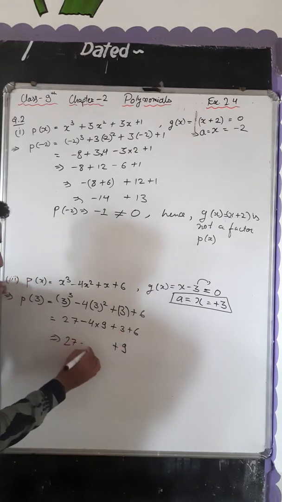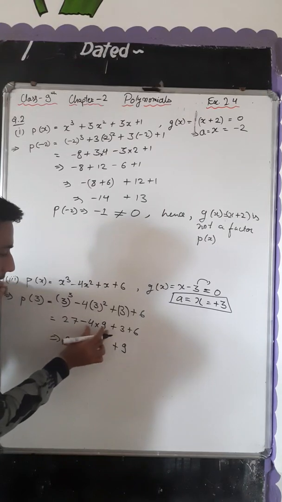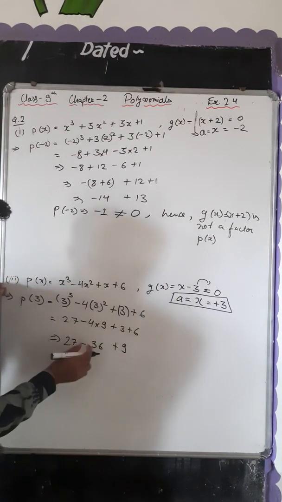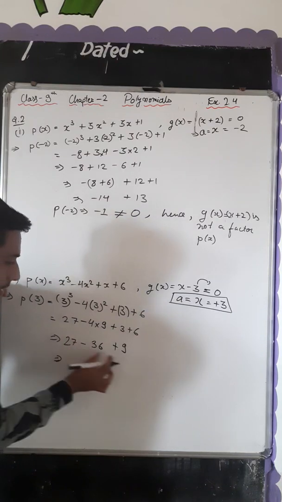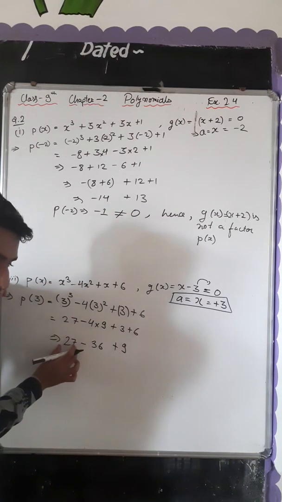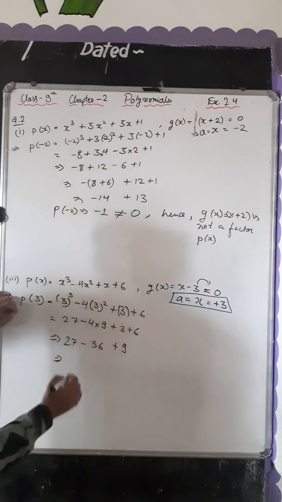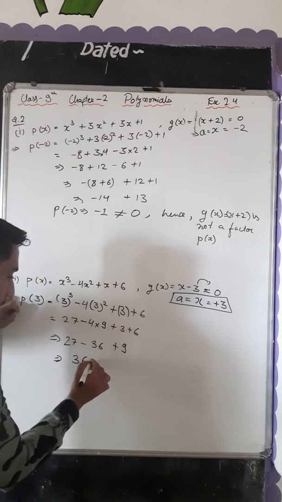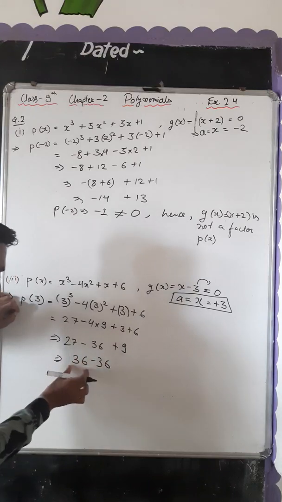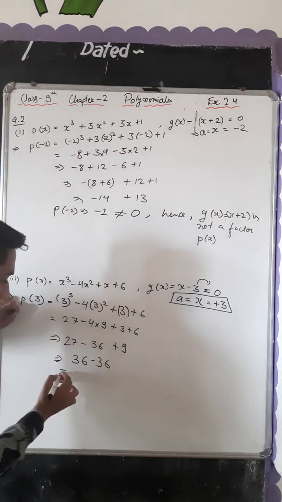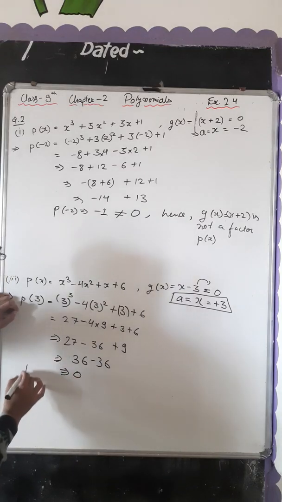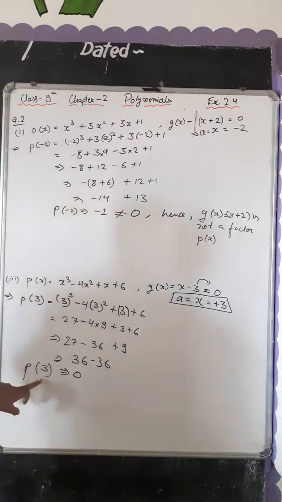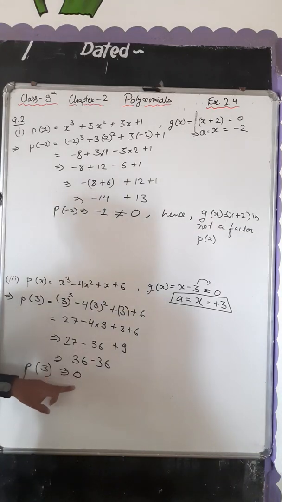This will be 27. And this, what is this? 4 into 9 is 36. Add these positive terms: this is positive 27, this is also positive 9. 27 plus 9 is 36, minus 36, and 36 minus 36 is equal to 0. So P(3), the value of the polynomial when x equals 3, is 0.